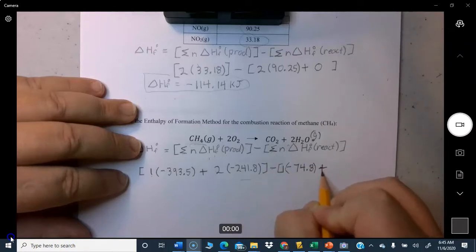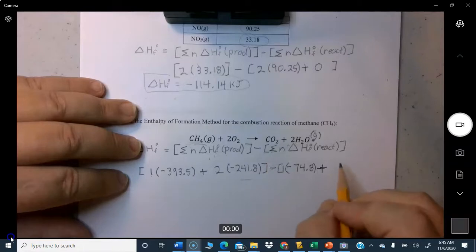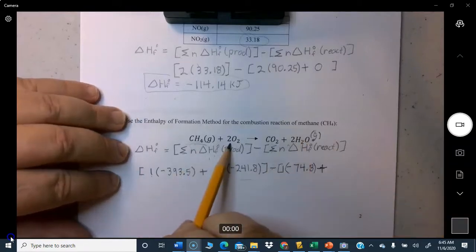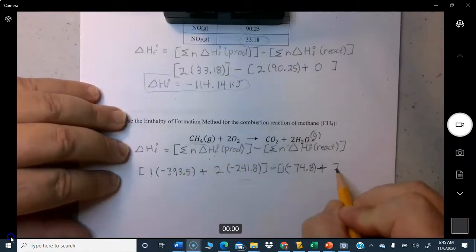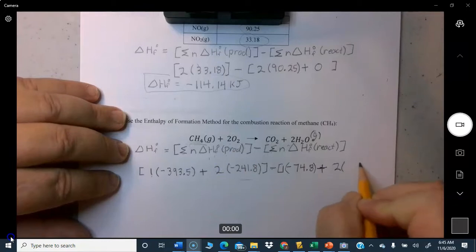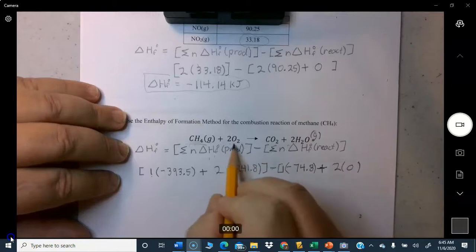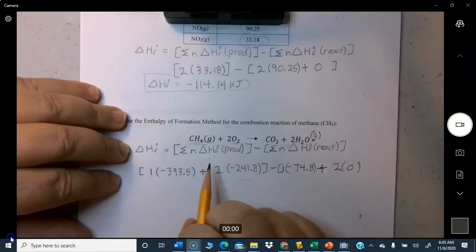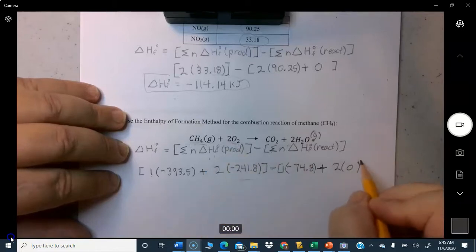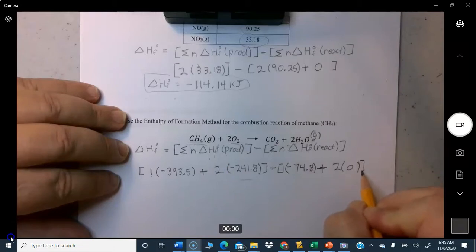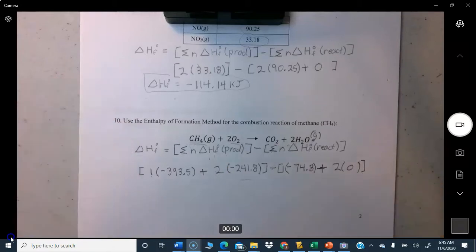That means you're adding. And what are you adding? 2 of O2. So that's going to be 2 times what? What number for O2? A big old 0. Okay, that's an element in its natural state. A pure element in its natural state has no enthalpy of formation. Okay?